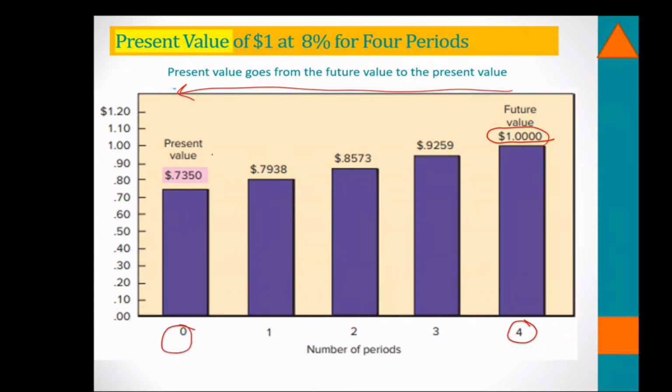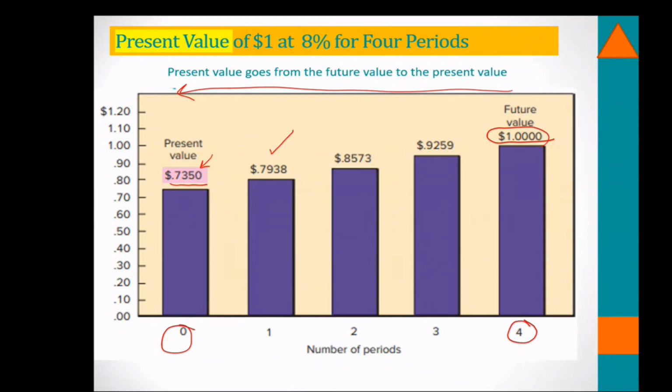I deposit $7,350. No, it's 0.7 because this is the value of $1. If the future value is $1 after 4 years, how much will it be today? It's 0.735. After 1 year, it's 0.79.